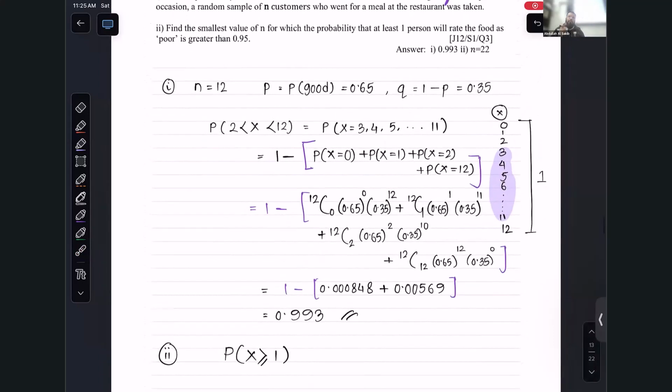This probability is greater than 0.95. It is the same as before, we did it last time when we were buying something, at least. Any confusion?